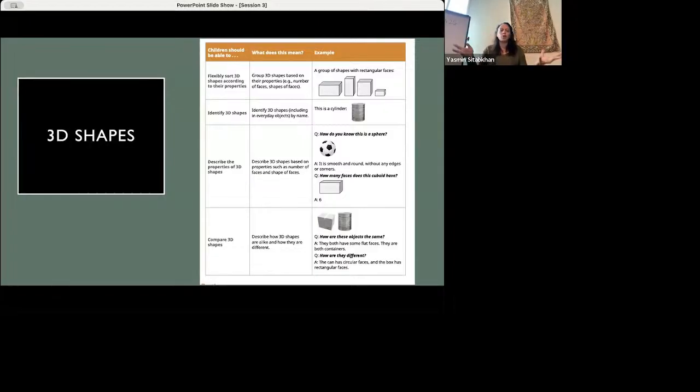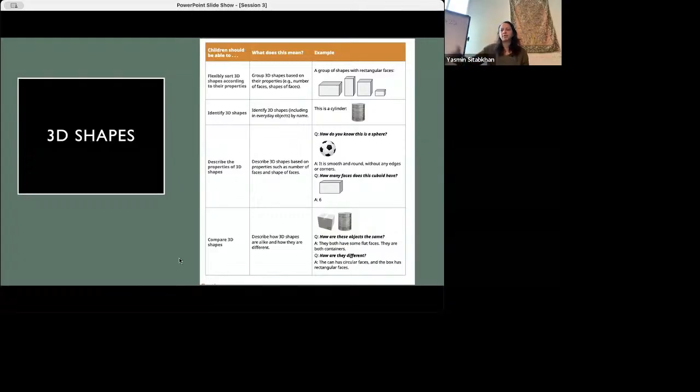So again, how do you know that this is a cuboid? And what we just did, talking about, well, it has four sides, or it has four corners, or not four, it actually can have any more. With 3D shapes, we talk about faces, right? Faces and edges is the language that you use a little bit more with 3D shapes, and then you compare them.